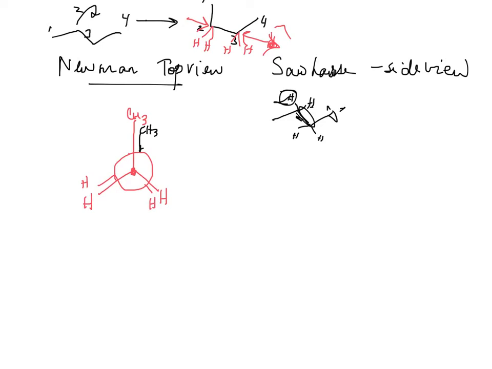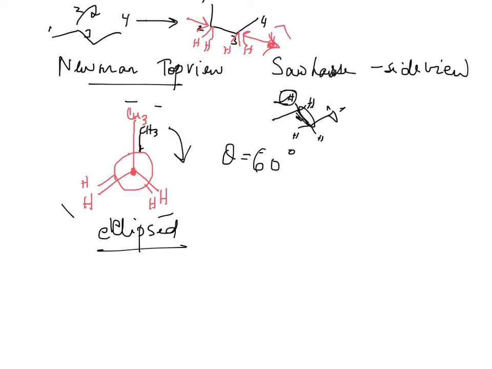Okay. Such a structure where atoms are on top of atoms, we talked about that, that would be called an eclipsed structure. And if you give it a rotation, every time you give it a rotation, that theta, the dihedral angle, the angle between these two like groups, is going to be 60 degrees.